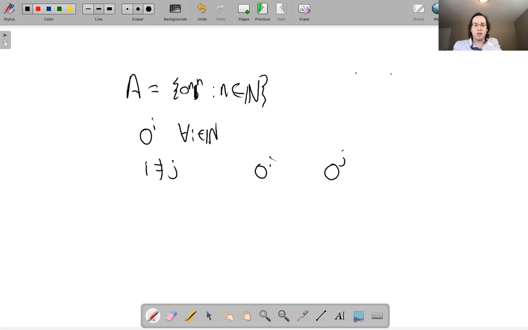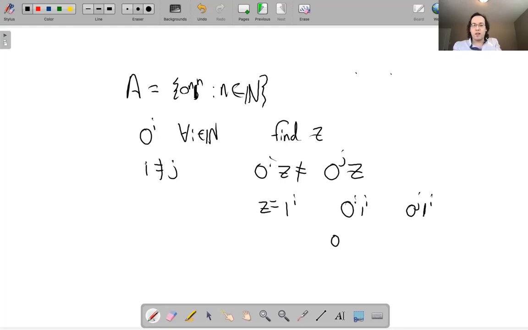So we want to find z such that 0^i z is in A but 0^j z is not, or vice versa. And we can pick z equal to 1^i. In this case, the two strings are 0^i 1^i and 0^j 1^i.